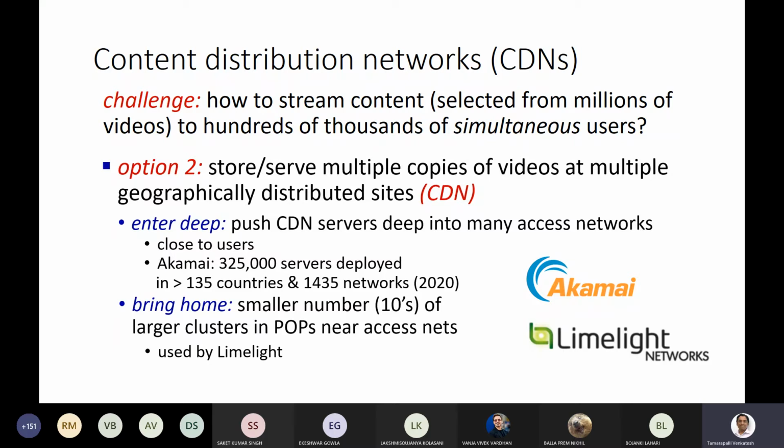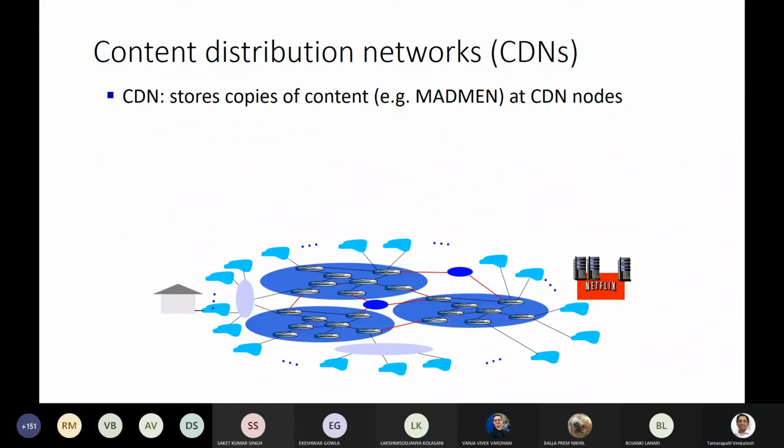So if you put your content there, then you can serve a larger set of users with a lower response time or access latency. This is the approach that is used by another CDN, which is Limelight Networks. So they put lots of these smaller clusters of servers near these internet exchange points so that the content is served from locations closer to the ISP or operating ISPs.